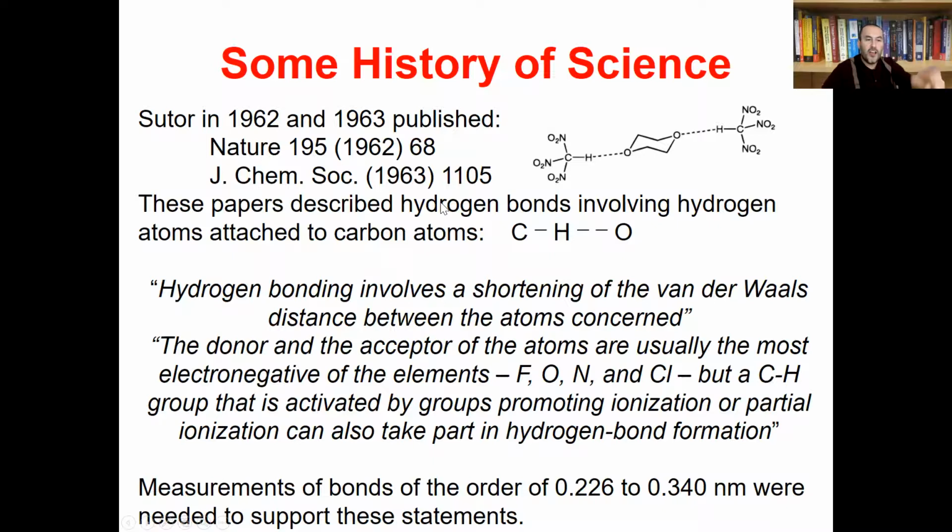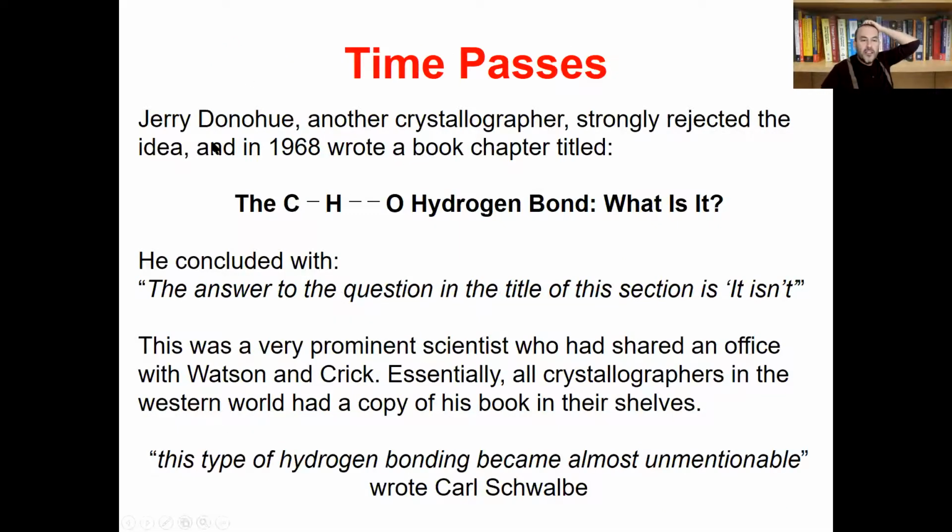But what happened was, after Sutor published, a very influential crystallographer who lived in California wrote a book chapter in 1968, asking about the CH hydrogen bond, what is it? He concluded in the chapter, the answer to the question in the title of this section is, it isn't.